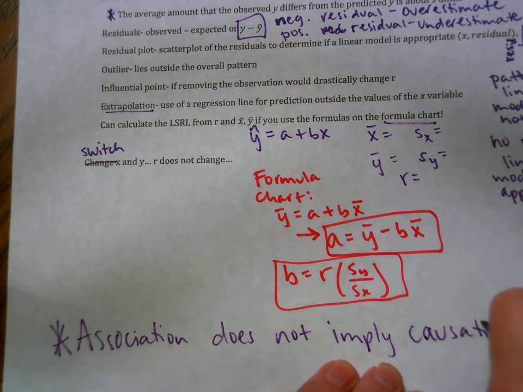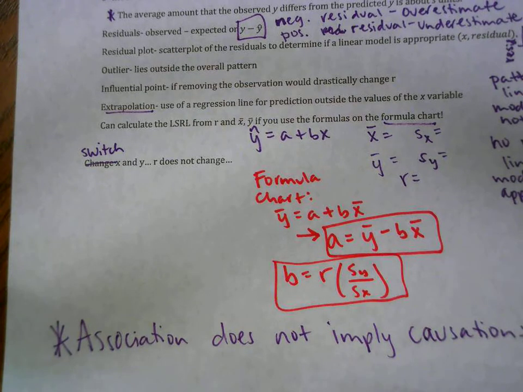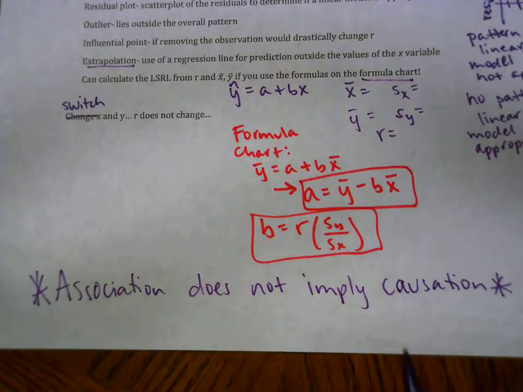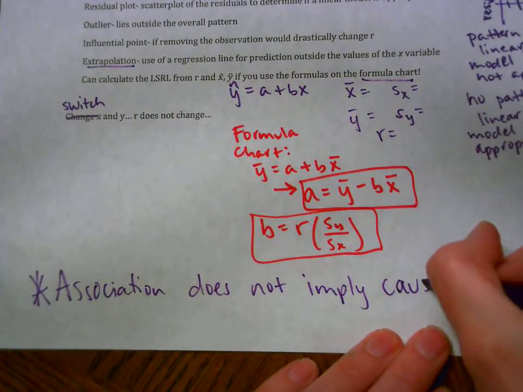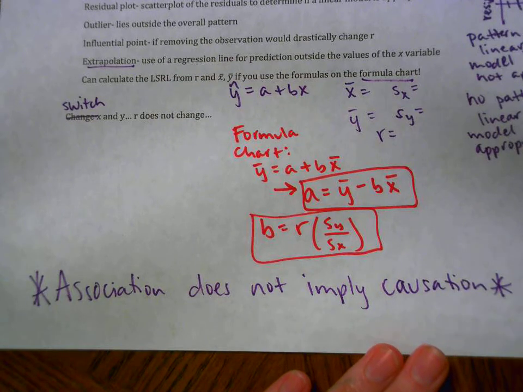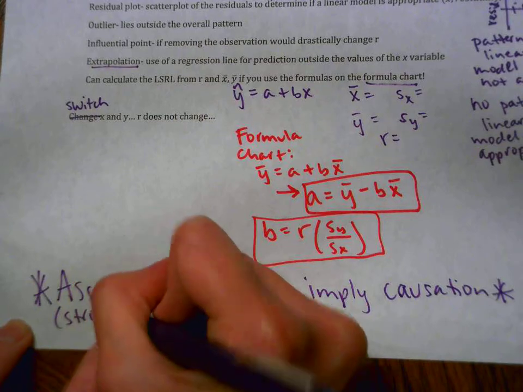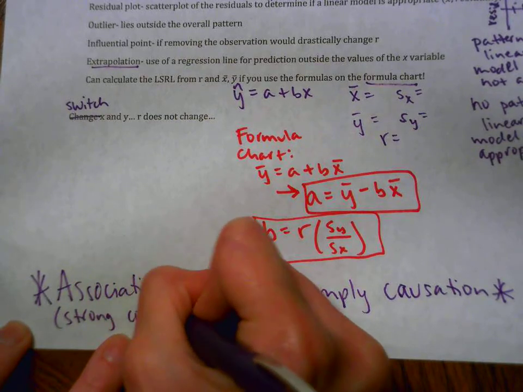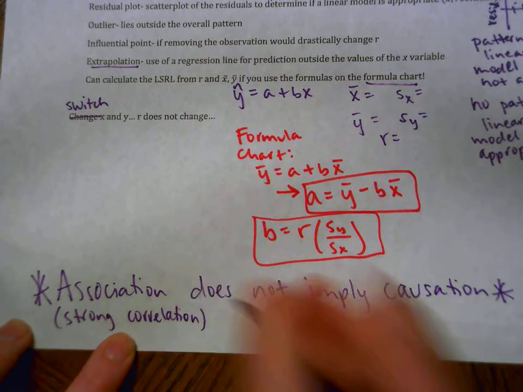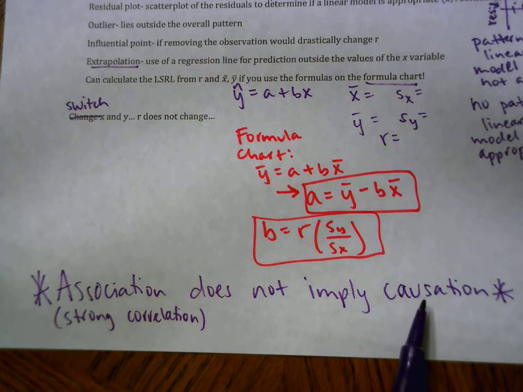So just because you have seen that there is a correlation between two variables doesn't mean that x causes y, because there could be confounding variables. Association just means that there's strong correlation. What you need to imply causation, which we'll get more into in the next video, is an experiment.